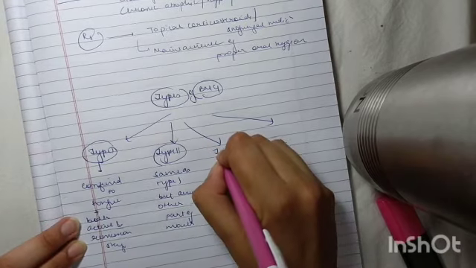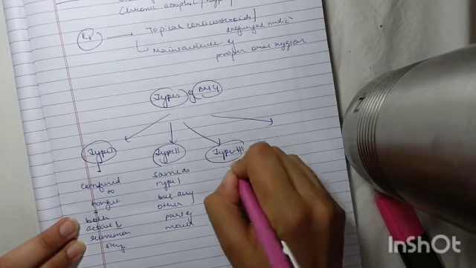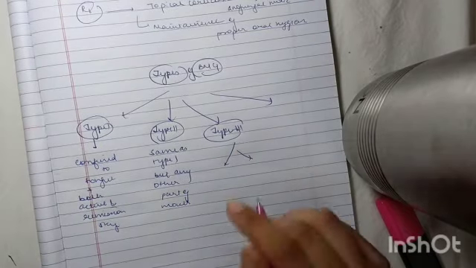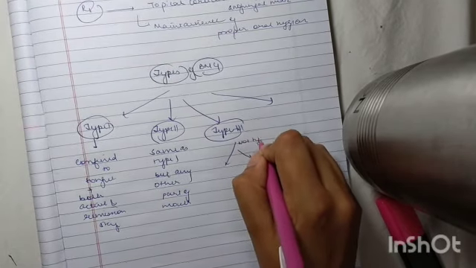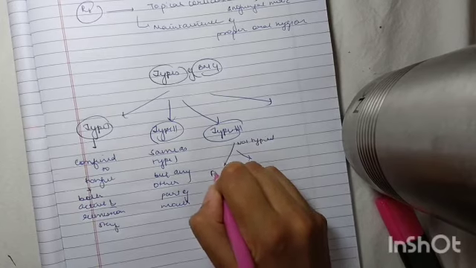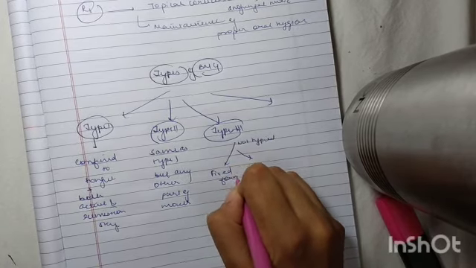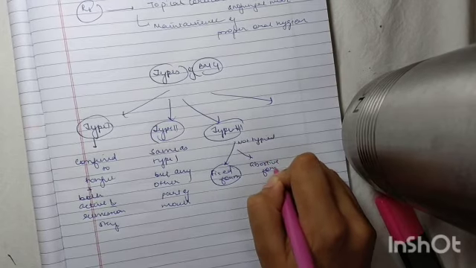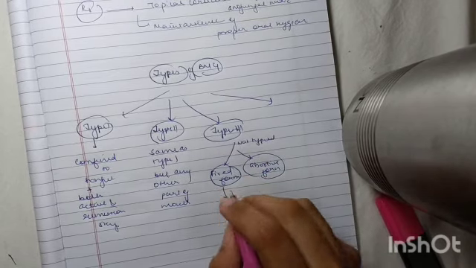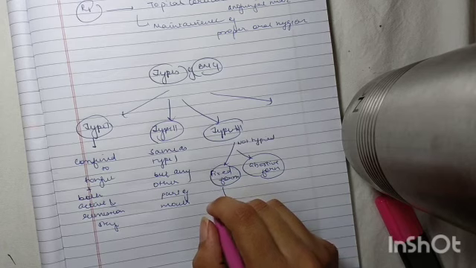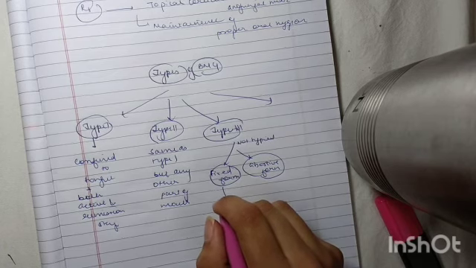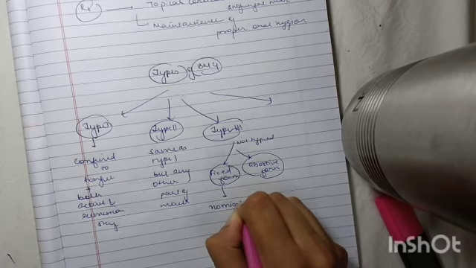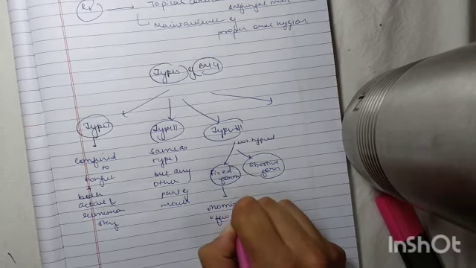Now, in type 3, this is the most notorious type. There is nothing very characteristic. It is not typical. One is a fixed form and one is an abortive form. Now, in the fixed form, it is on the tongue and there is no migration, only a few areas of the tongue.